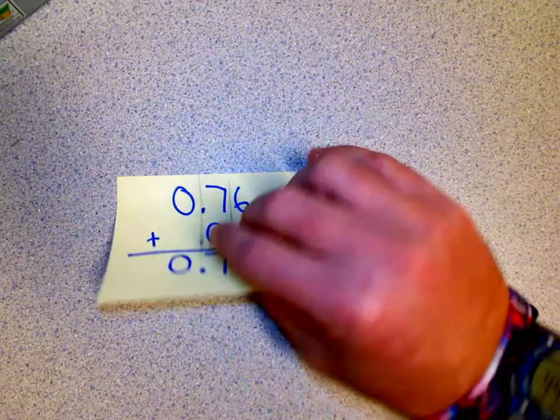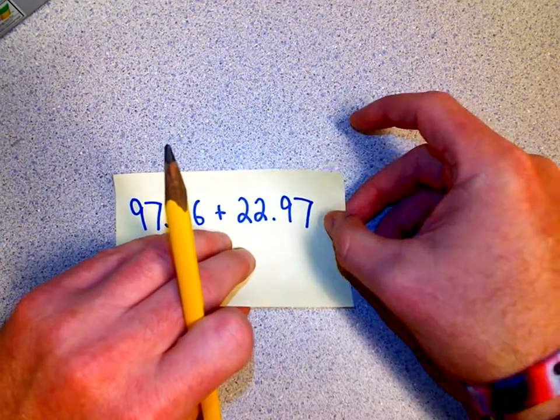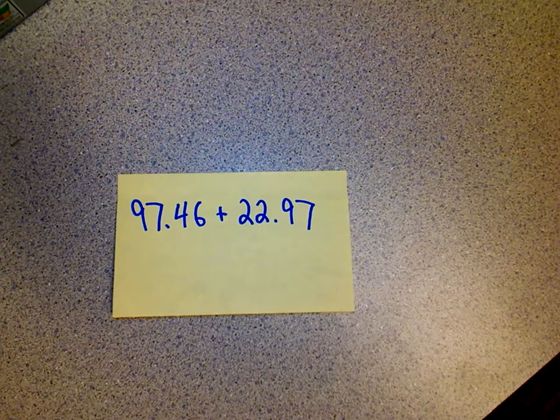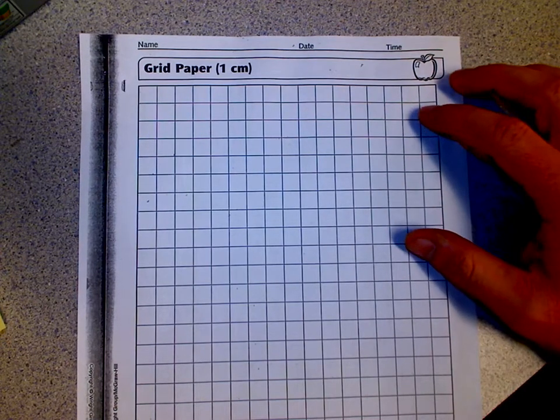Okay, so we're going to try some sample problems today. Our first problem is 97 and 46 hundredths plus 22 and 97 hundredths. Now, we suggest that you always line up your problems on a computation grid or grid paper like this.